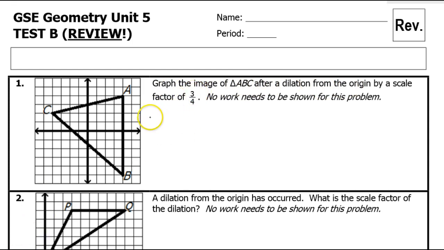Now, let's start by writing down the original points. Point A is the point (4, 4). Point B is the point (4, -5).